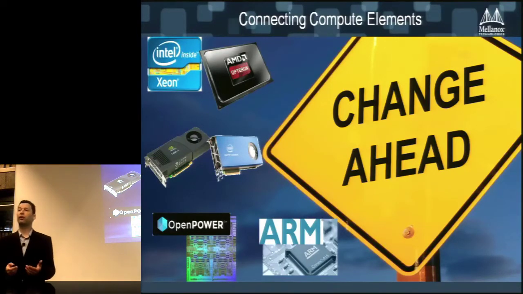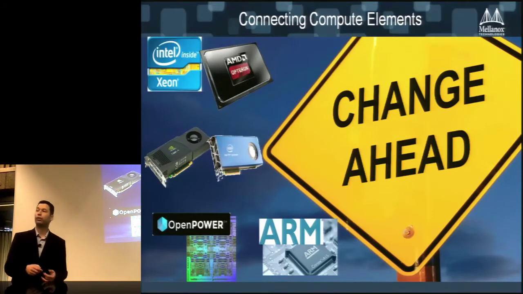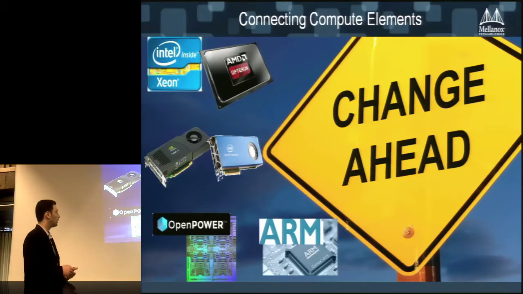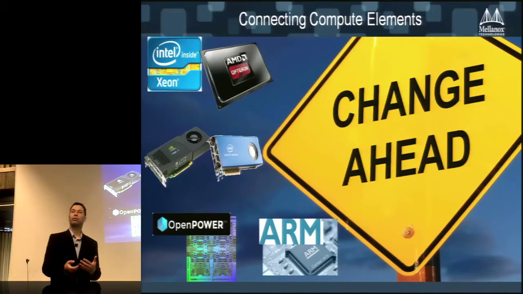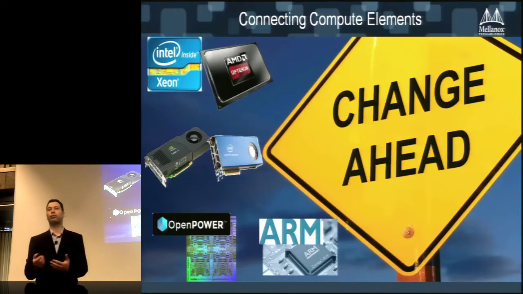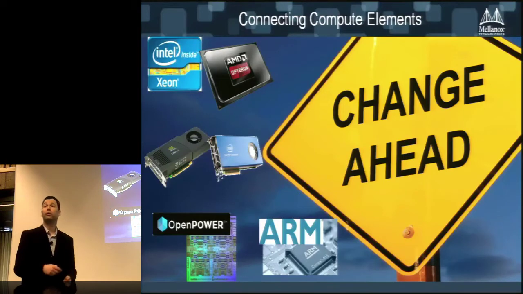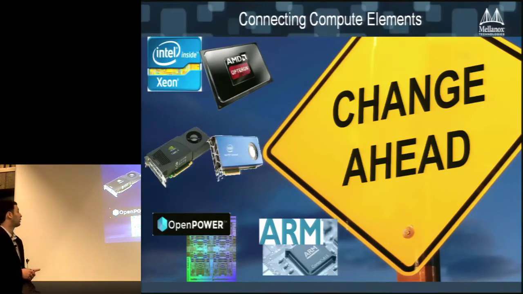Similarly, on those OpenPower and ARM CPUs we're going to see new technologies that enable moving data more efficiently and adjusting the network capability, performance point and price point to better match the new CPUs that are coming into play.